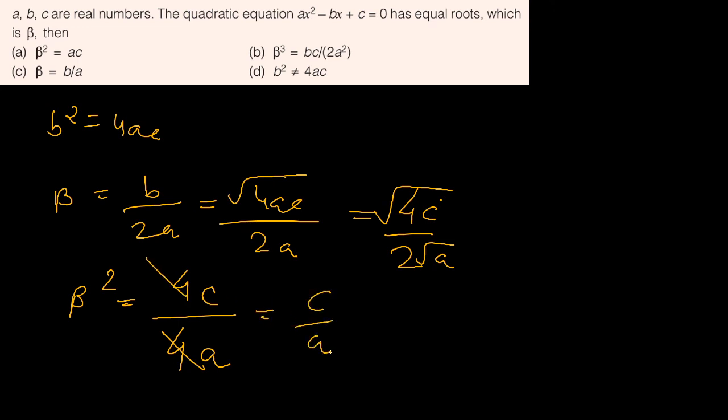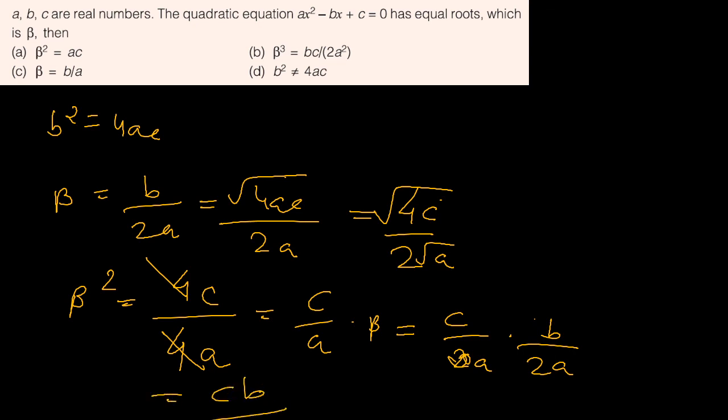So is there any such option? There is not. Okay. If we further multiply it with beta, which is b upon 2a, c upon a into b upon 2a, then it's cb upon 2a square, which is equal to beta cube.